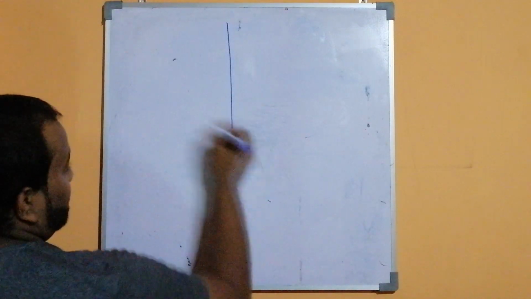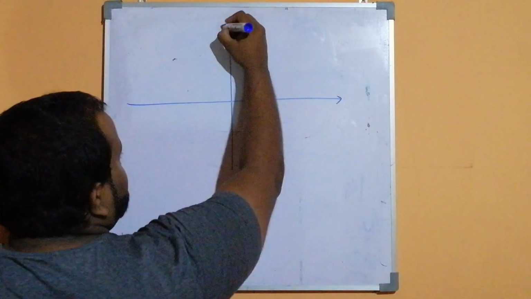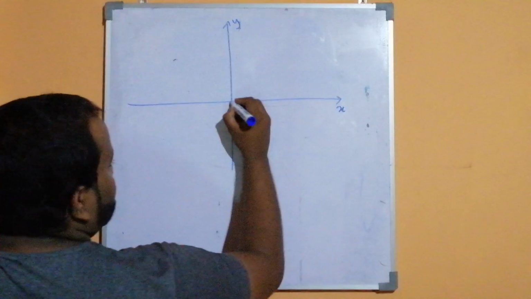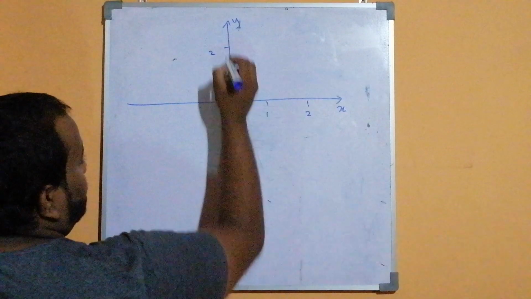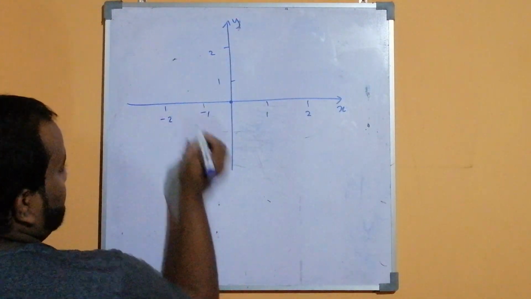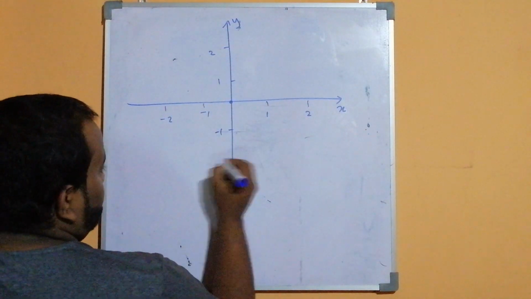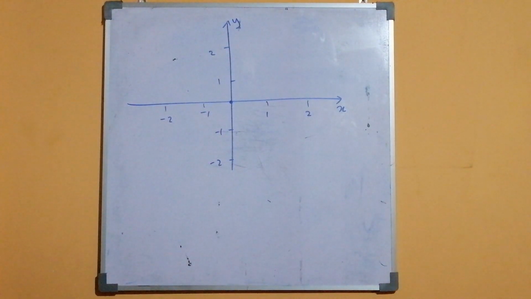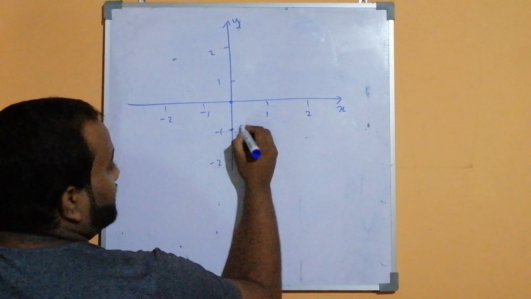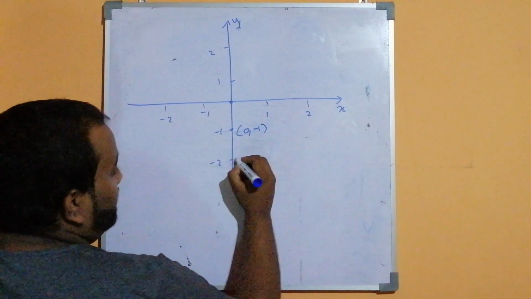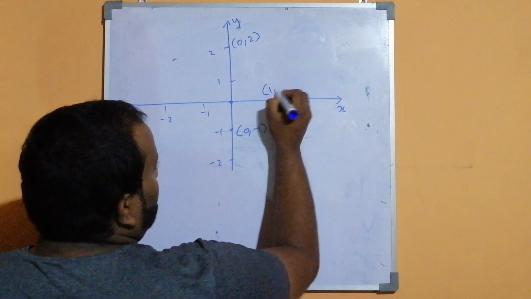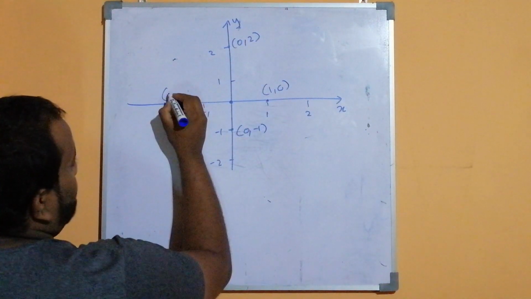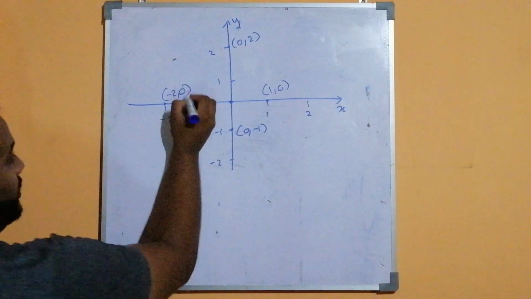Let's draw the graph axes, y and x. If we take randomly 2 points, 0, minus 1; 0, 2; 1, 0; minus 2, 0.